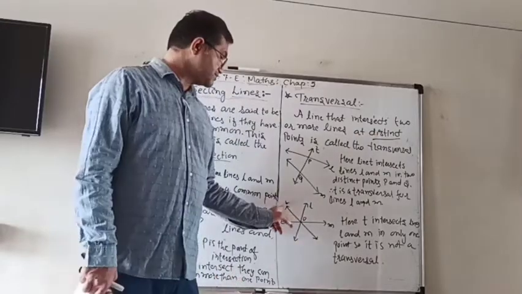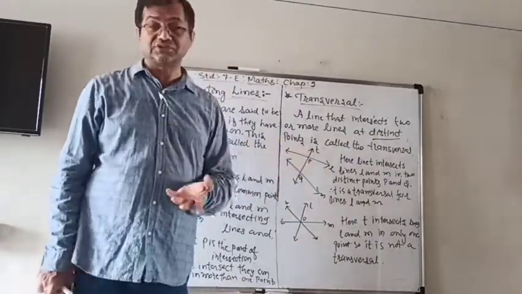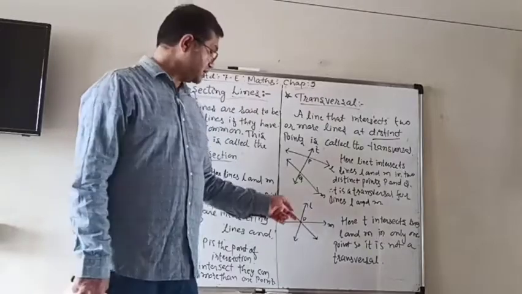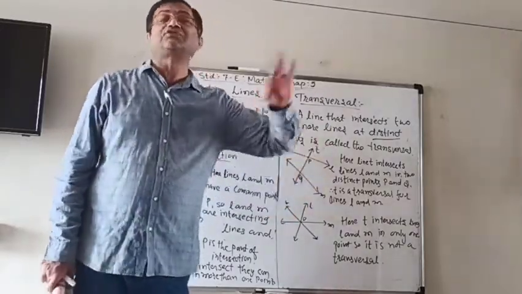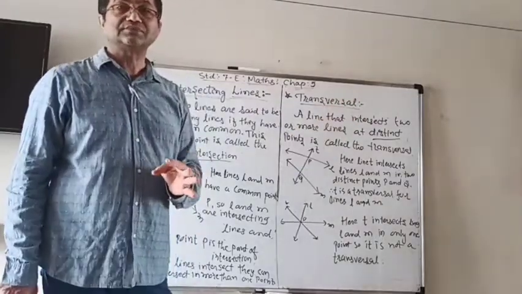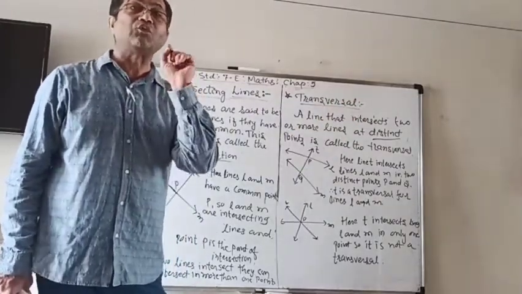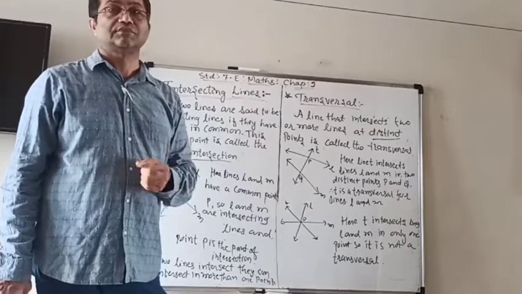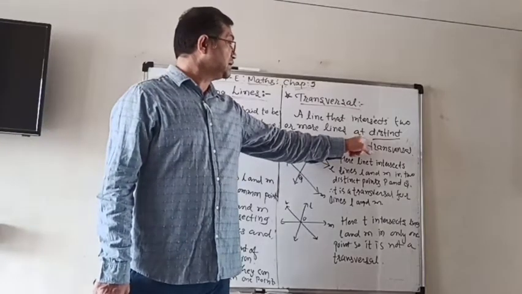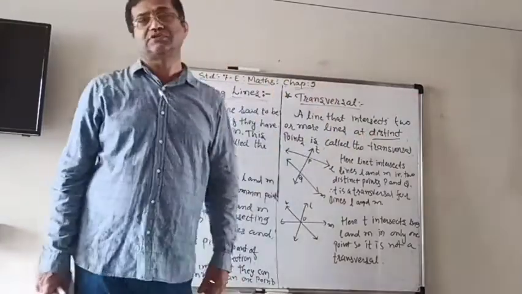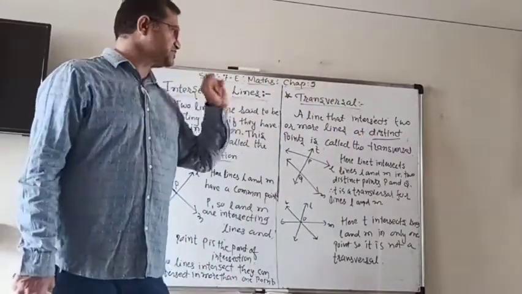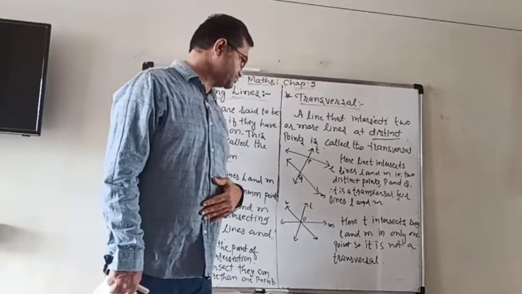And therefore here it cannot be a transversal. So here T or L or M, nobody is transversal for the other two, because they intersect in only one point. And as I told you, it should intersect in distinct points. Then only it is said to be transversal.